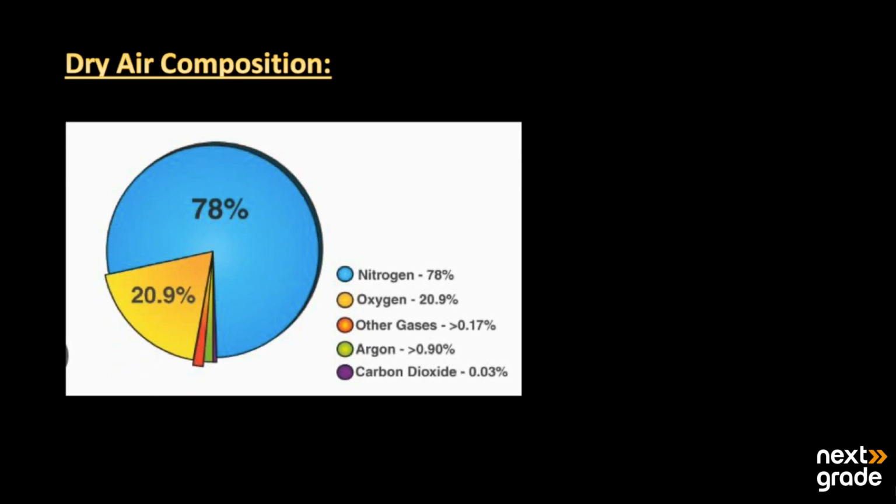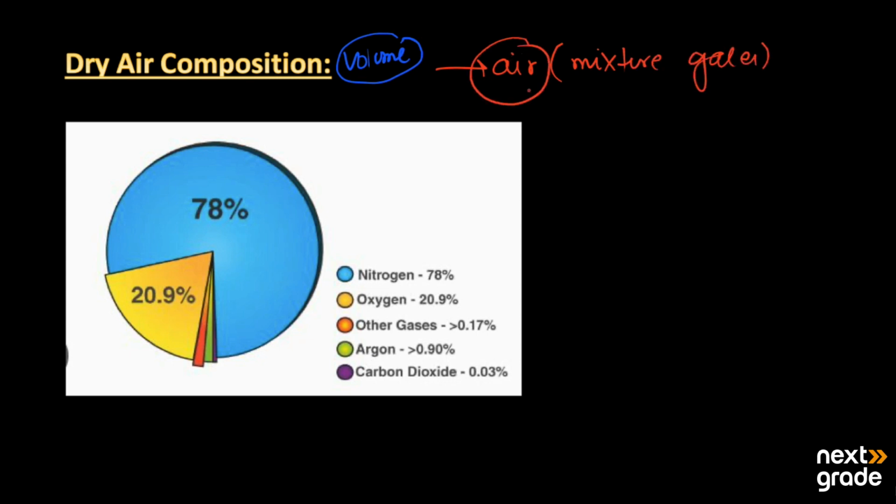This is the percentage composition of the atmosphere by volume. Air is known as a mixture of gases, and this air is making up our atmosphere, in its dry composition.